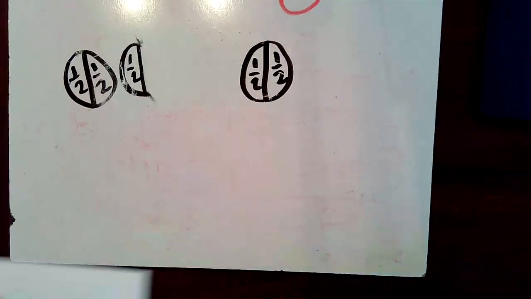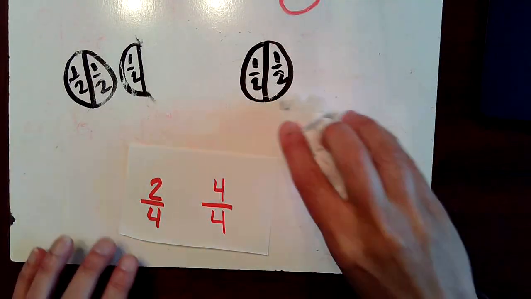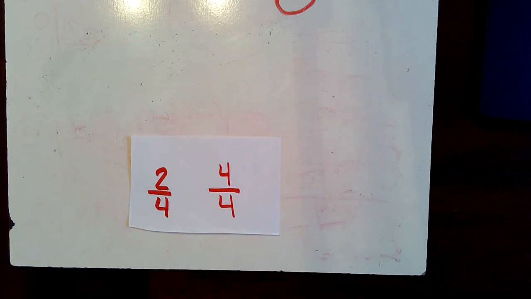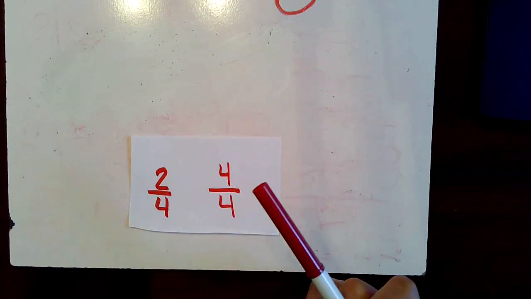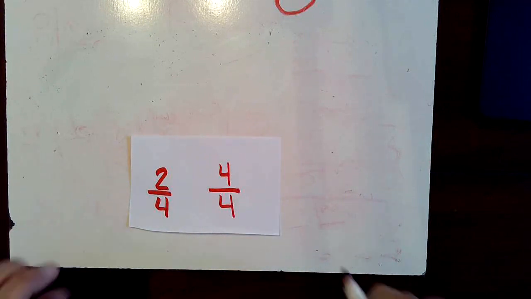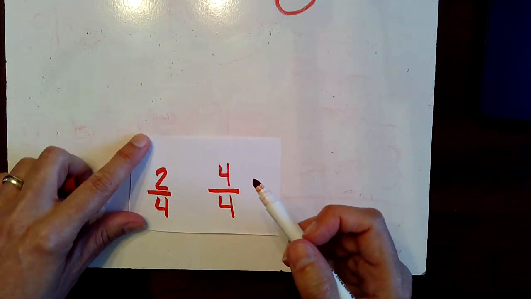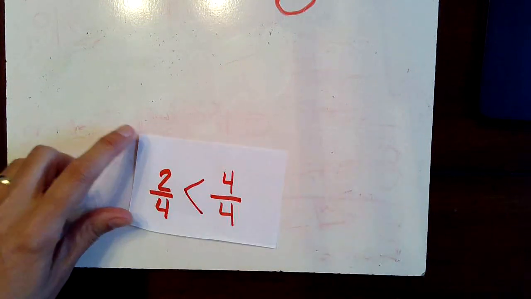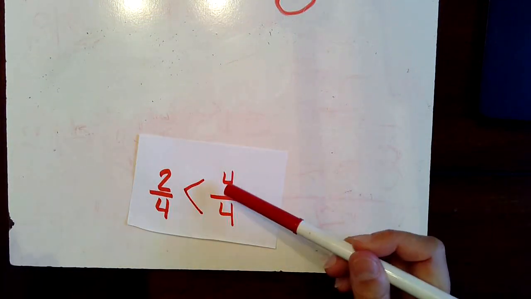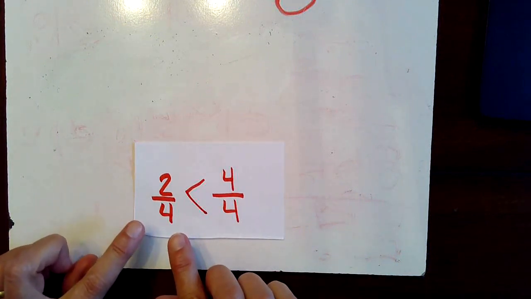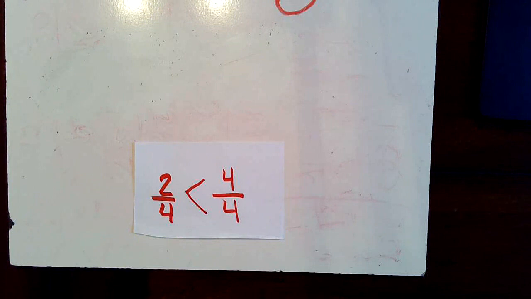Now for the next one. This one. 2/4 and 4/4. Write those fractions down. Put in your sign. Which one is greater? Which one is less than the other one? 2/4, 4/4. 2/4 is, hope you got it, less than 4/4. 4/4 is the same as a whole. 2/4, bonus question, is the same as what?